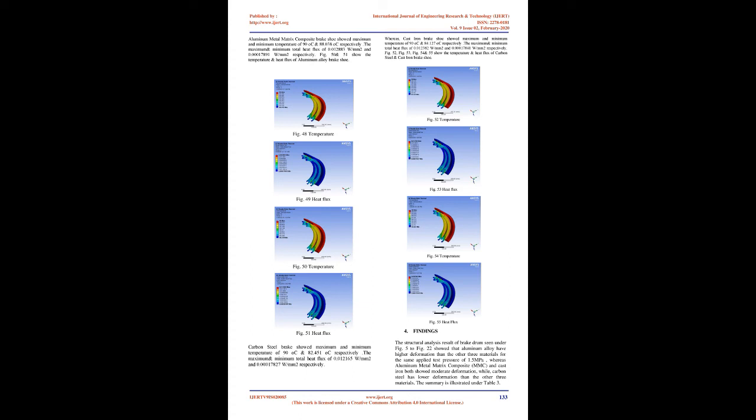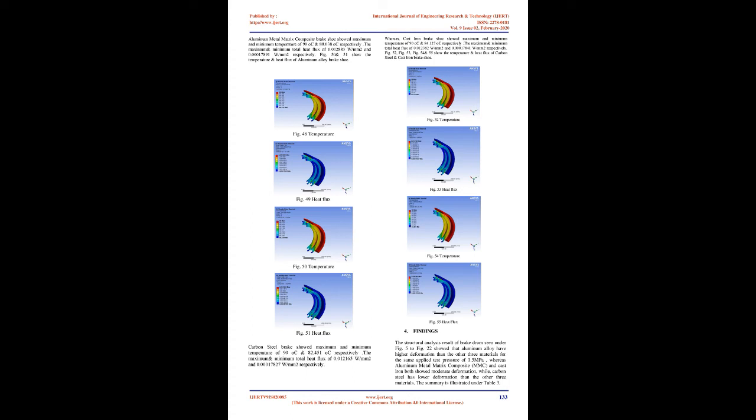The maximum and minimum total heat flux of 0.006994 W/mm² and 5.8853E6 W/mm² respectively. Fig 44, Fig 45, Fig 46 and 47 show the temperature and heat flux of carbon steel and cast iron brake drum.